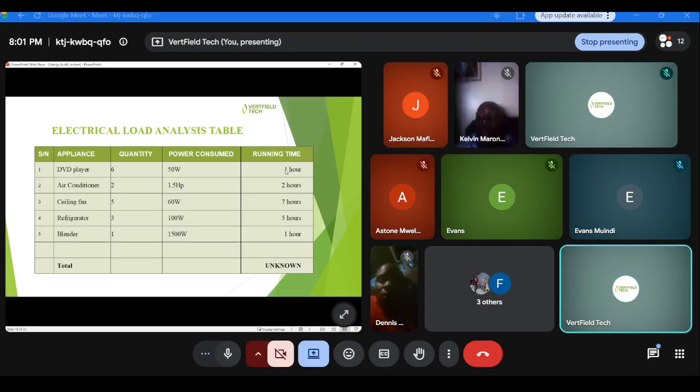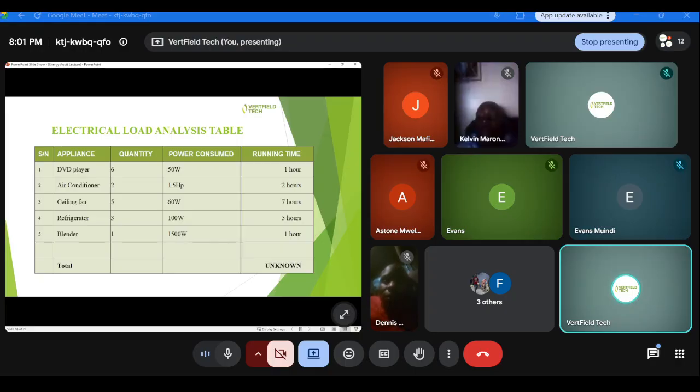So how then do we run a load analysis on these five appliances? Let's first take the data of the five appliances. It is the same as what you have on my screen, so you can copy it down if you wish to.